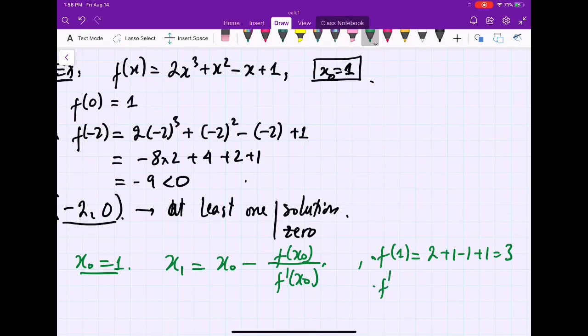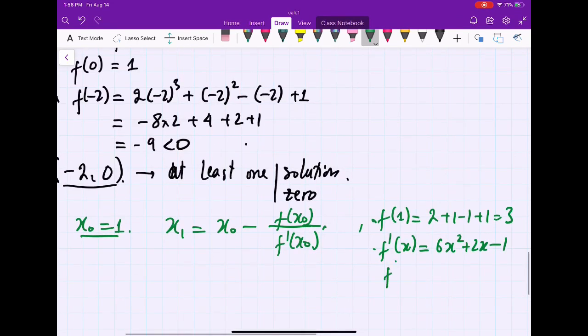And f derivative of x is 6x squared plus 2x minus 1. Then the derivative at 1 is 6 plus 2 minus 1, which is 7. You see? Then x1 is equal to 1 minus 3 over 7.